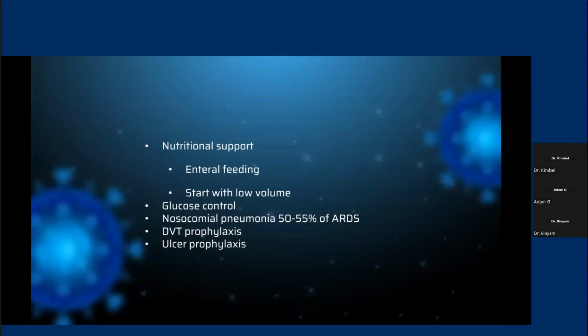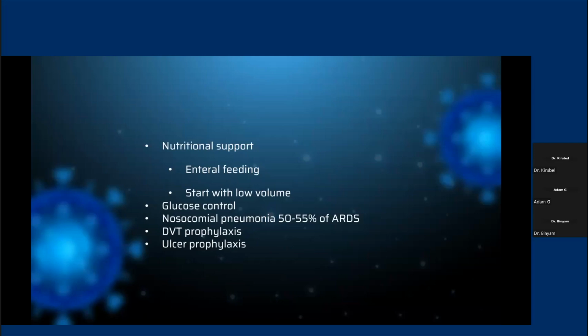Coming to the nutritional support, enteral feeding is the preferred one, and ideally it's better to start with low feeding volume, then gradually increase if the patient is tolerating the feeding. It has its own nutritional importance.